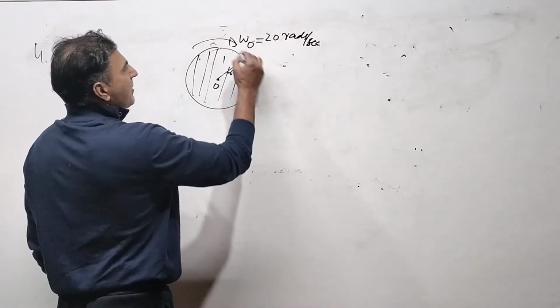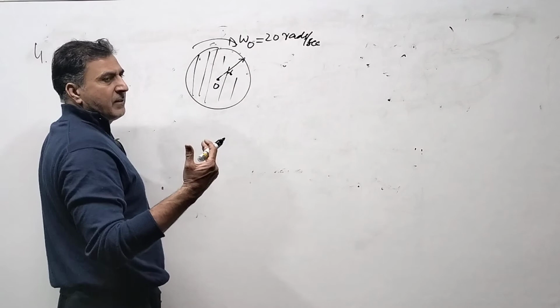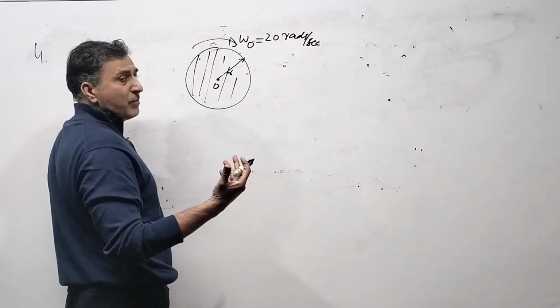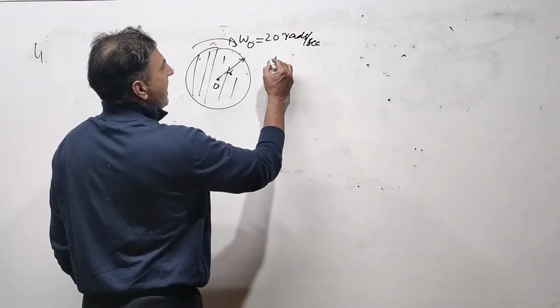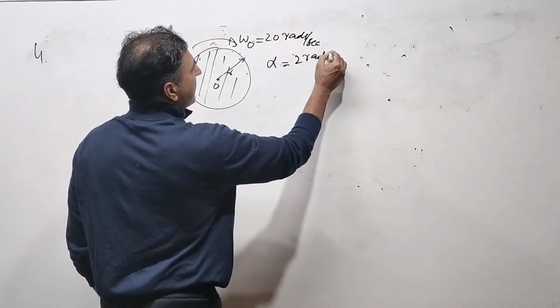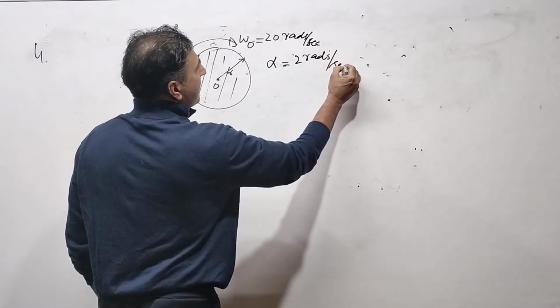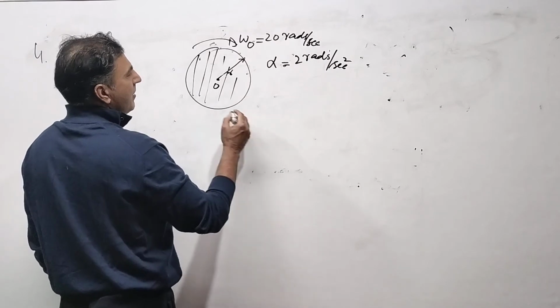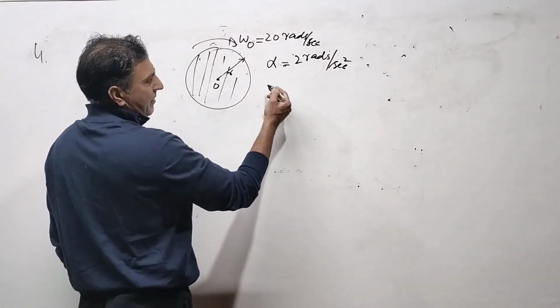Now let me suppose the angular velocity changes. That gives rise to angular acceleration. Let me suppose alpha, the angular acceleration, is 2 radians per second square. I will make an example.